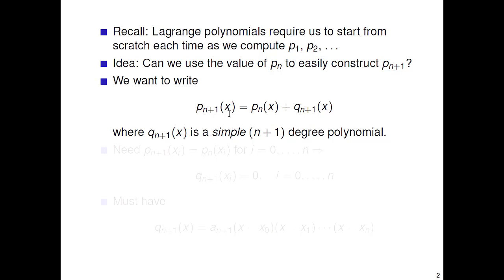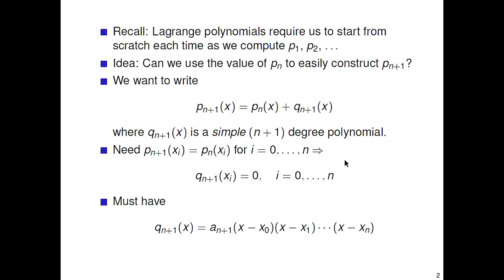And that means when I plug in most of the data points into here, and I get the same result I had from here, that means this new polynomial Q should actually be giving me 0 on most of my data points. So let's write that here. For all our old data points, x0, x1 up to xn, this new polynomial should be giving me 0. It shouldn't be having any effect on interpolation of the old data points that we've already taken care of.